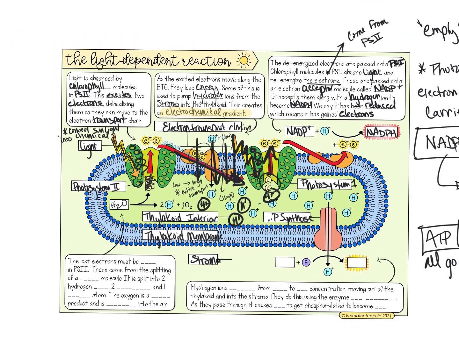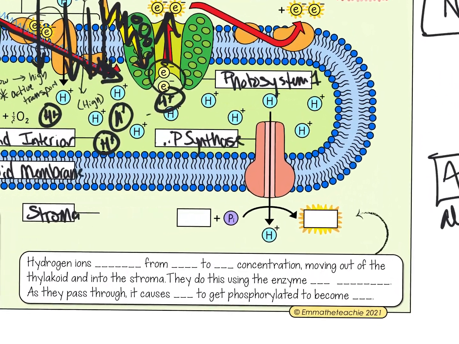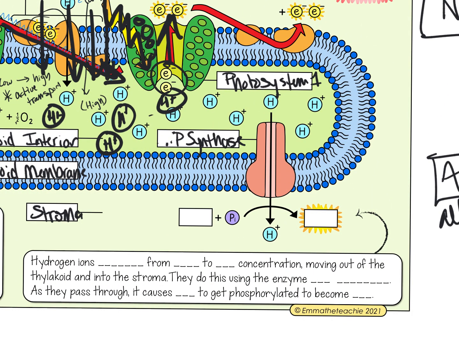All right. So we made a lot of these NADPHs, but we still have a whole stash of these hydrogen ions, all right? So this is where we're going to be making our small amounts of ATP, and this is going to be done from ADP, adenosine diphosphate, plus the phosphate makes ATP.